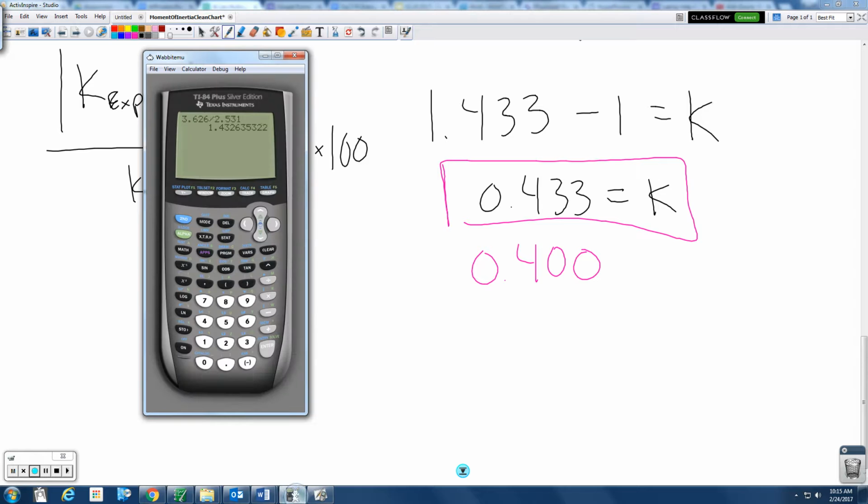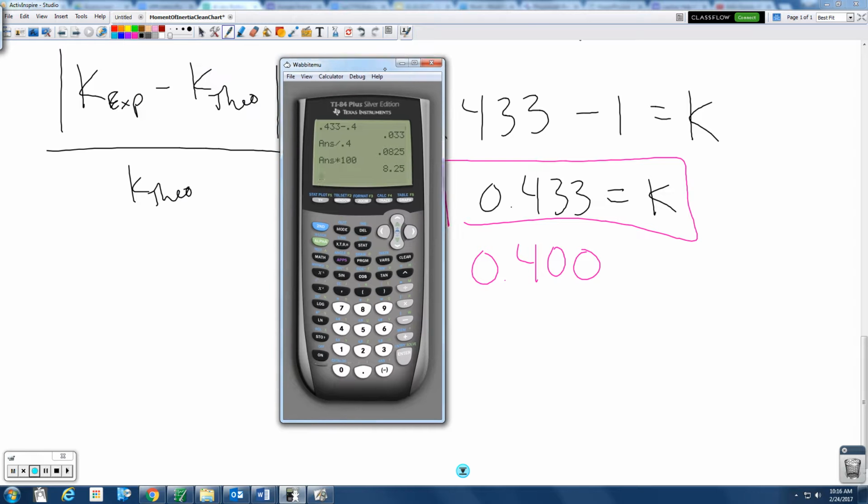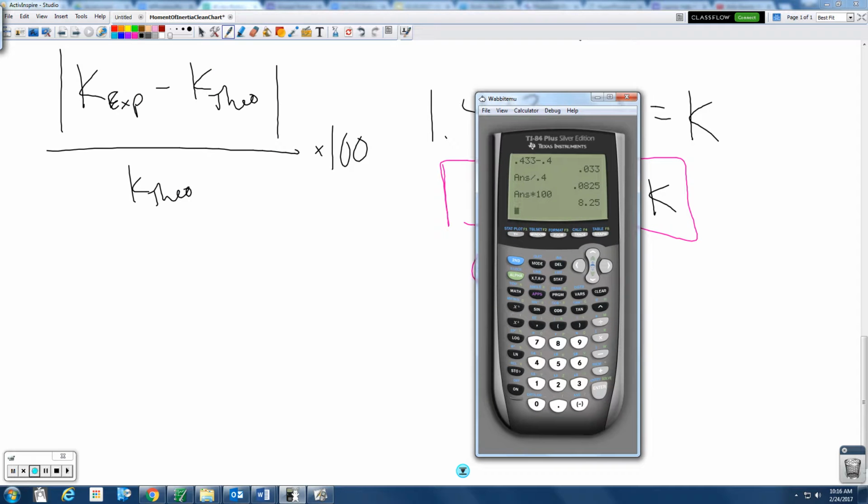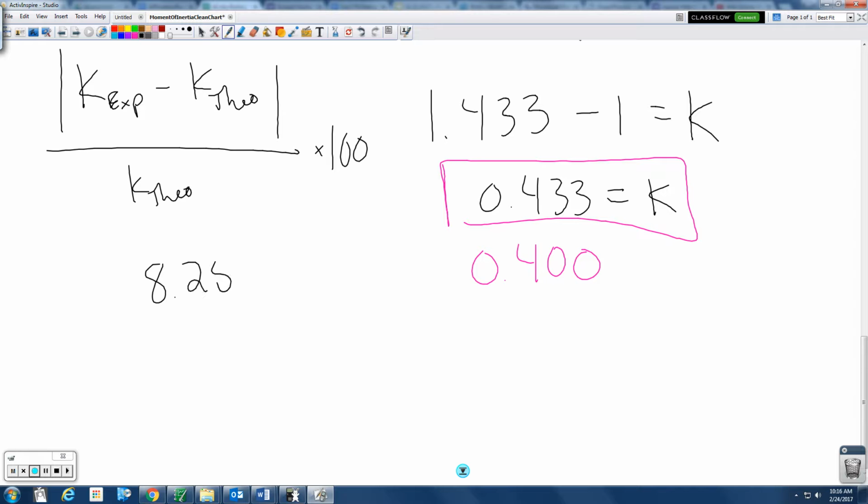So let's find out what my percent error is. 0.433 minus 0.4 divided by 0.4, my standard, times 100. I got 8.25% error, and that was with some small wooden sphere.